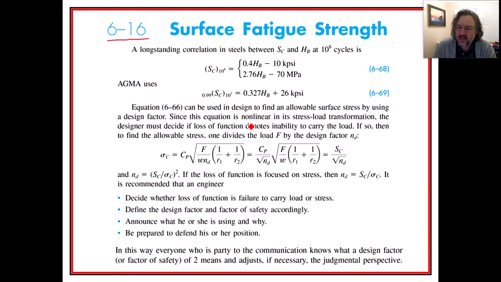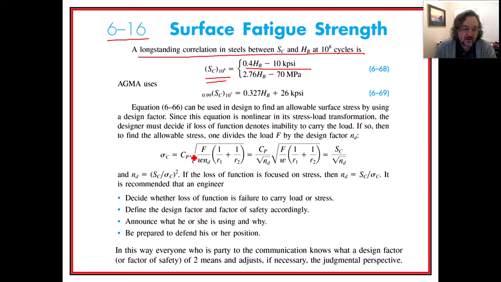They bring this up again in Chapter 14. So if we can find a relationship where it's proportional to hardness, and then we subtract out a little bit, we're able to get a strength right here. So here is a long-standing correlation between strength and hardness, but in this case we have a particular strength, and that's the contact strength that we would use, right?